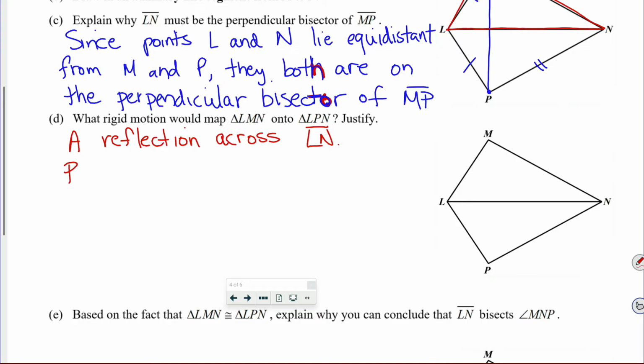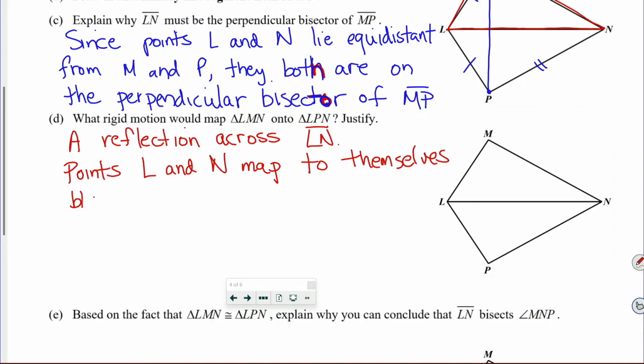So that's the first thing I'm going to do. Points L and N map to themselves because they lie on the line of reflection.